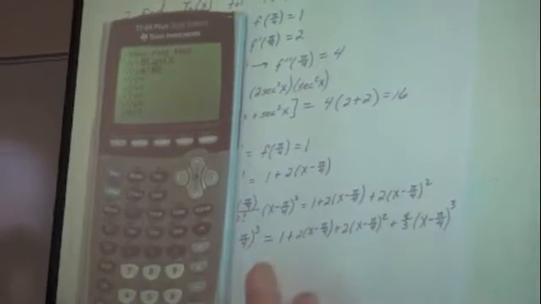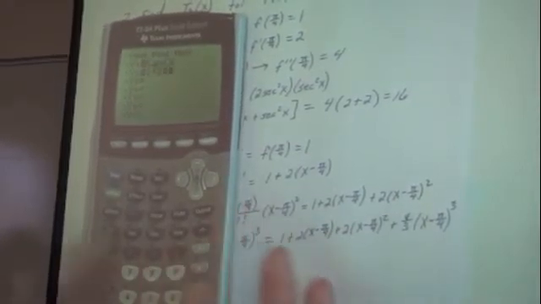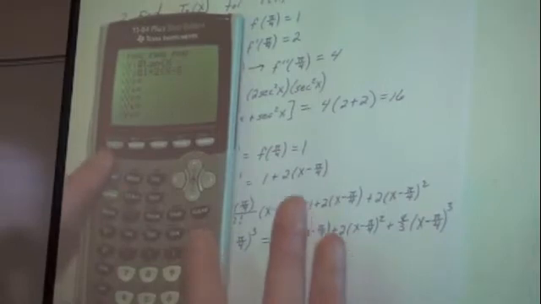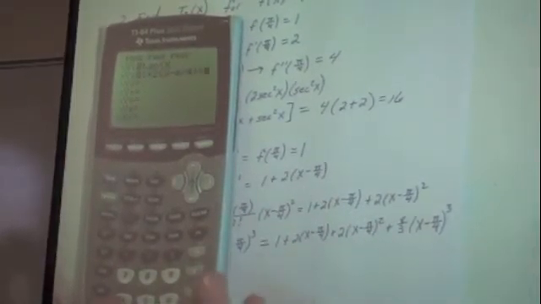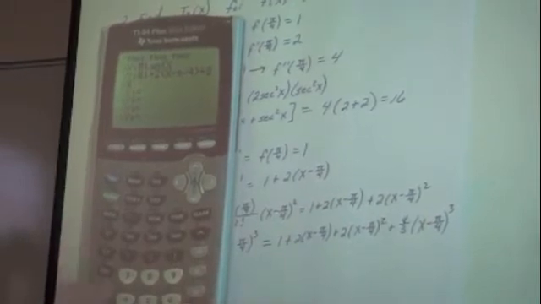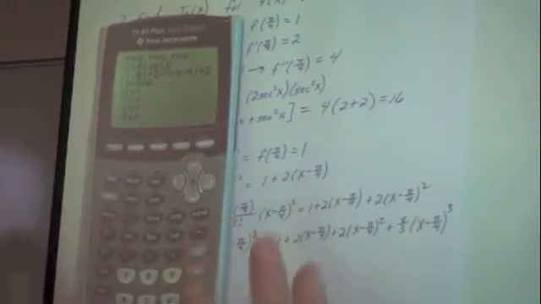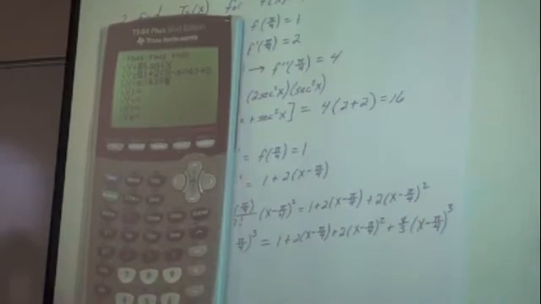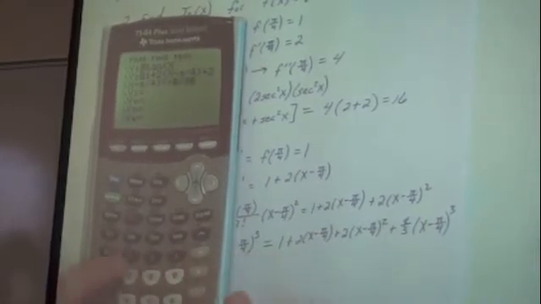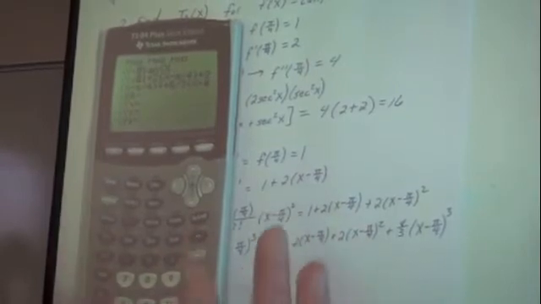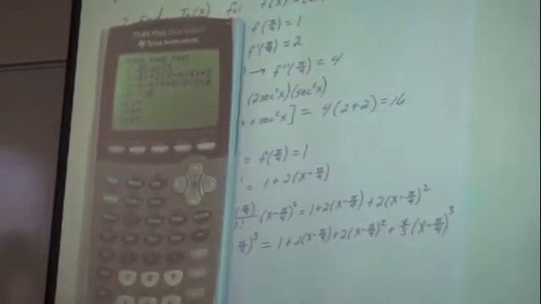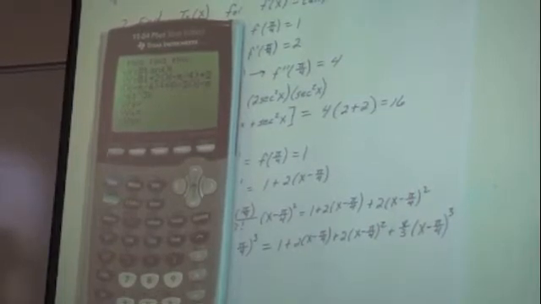So I'll say, okay, in y2 I'll say 1 plus 2 times the group x minus pi over 4 plus 2 times the group x minus pi over 4 squared plus 8 over 3 times the group x minus pi over 4 cubed. Isn't it amazing how somebody came up with this formula?